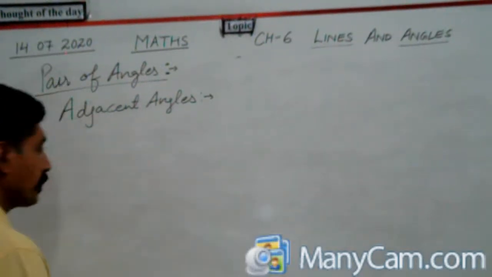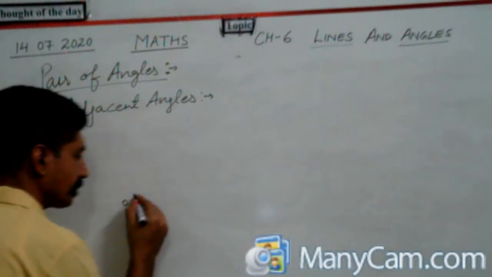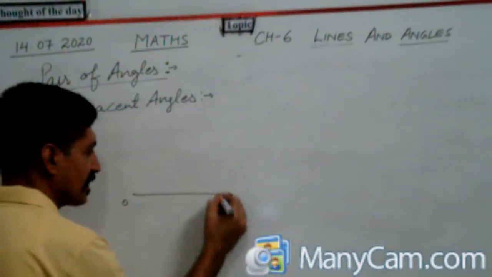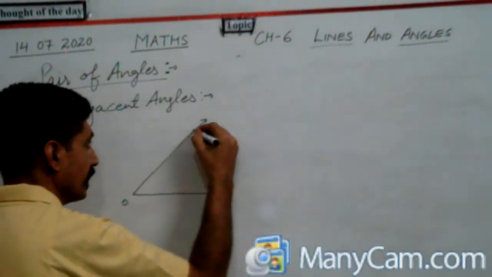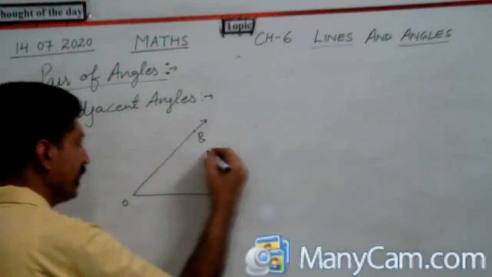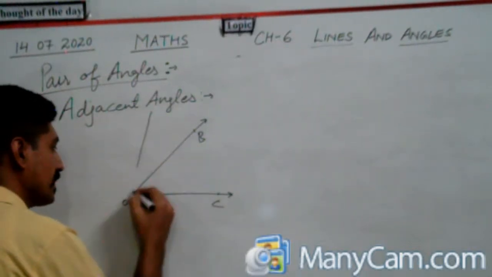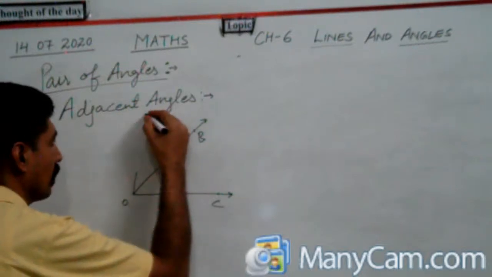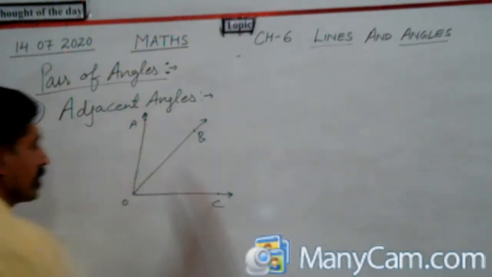Means if two angles, let O be the vertex, right? And here this point is the C point, this point is the B point, and let this be the A point.